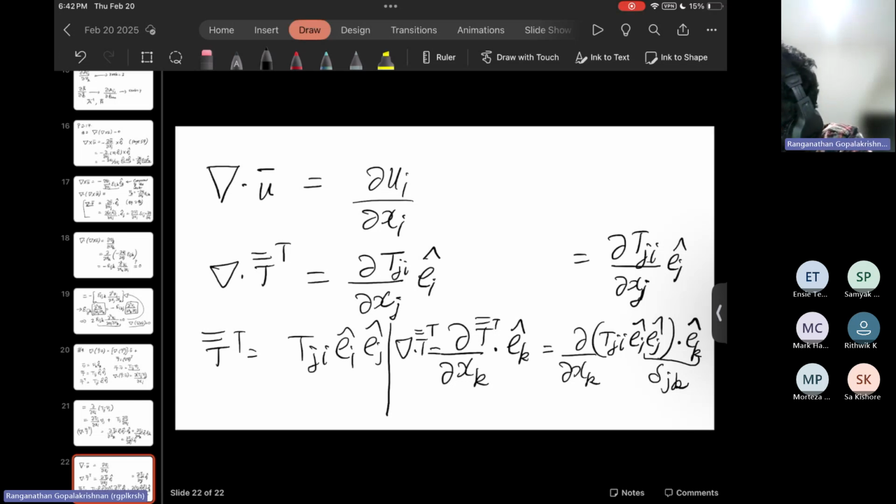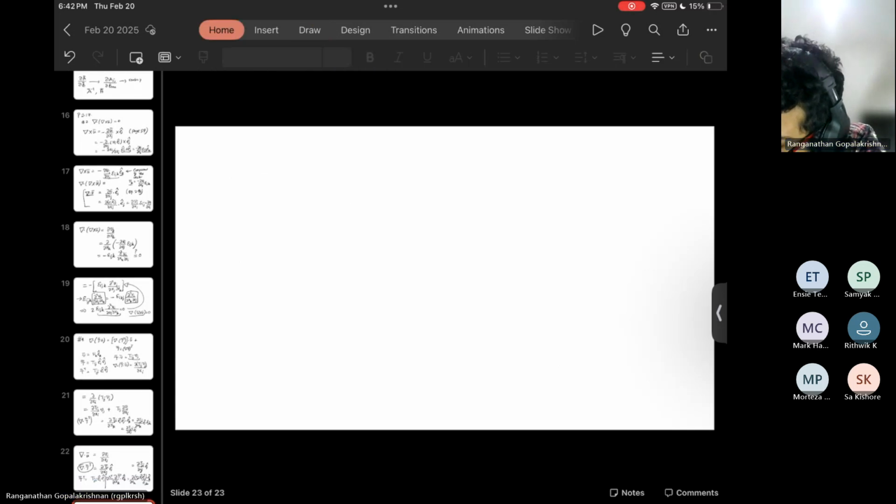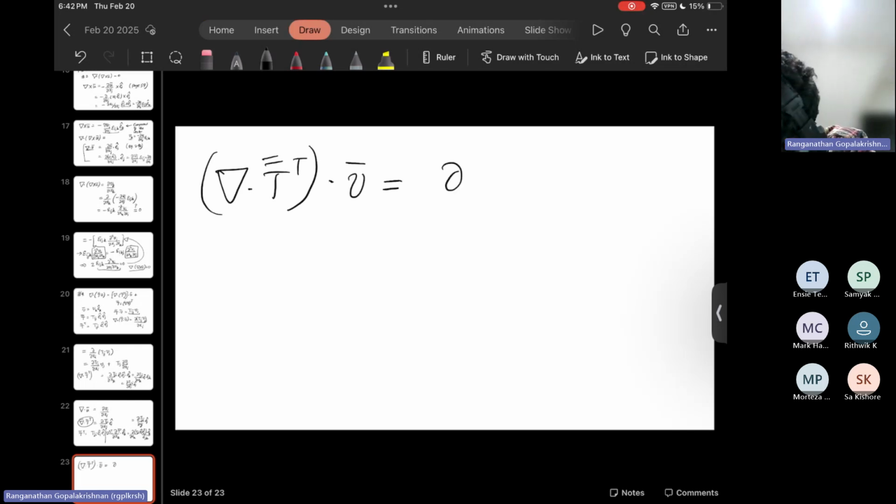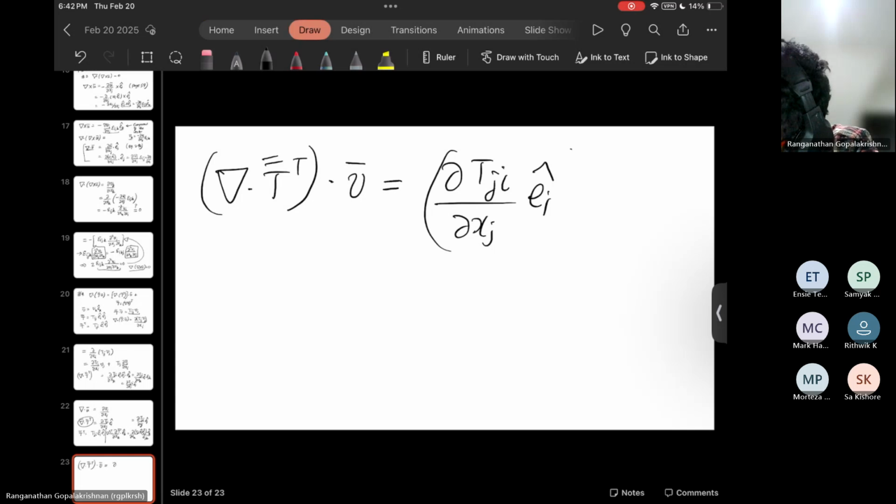And now I want to do the dot product of this quantity with vector V. So I'm going to write the divergence of T transpose dot V as the partial derivative of T_ji with respect to x_j, e_i, dot V_k e_k.